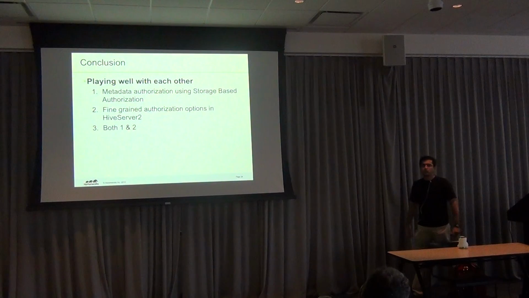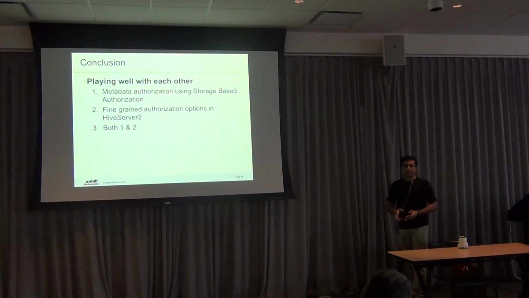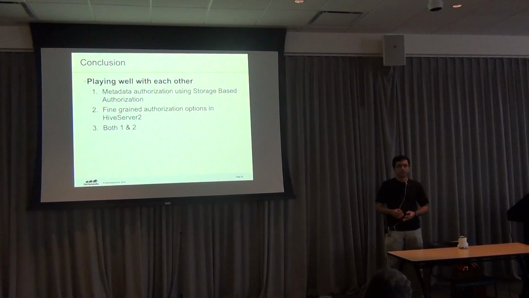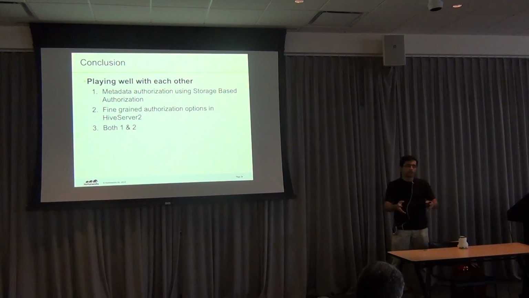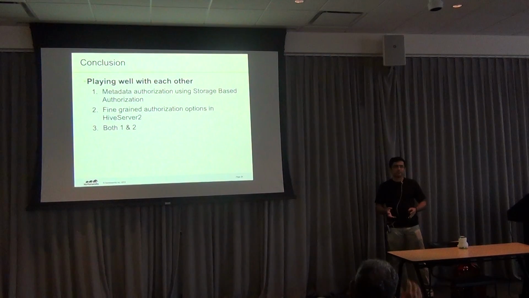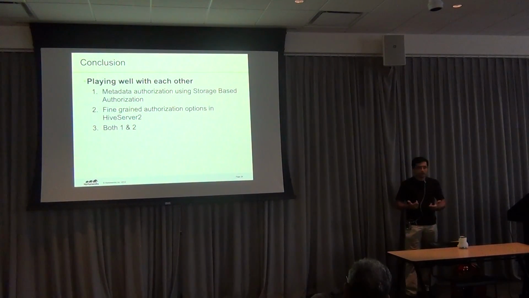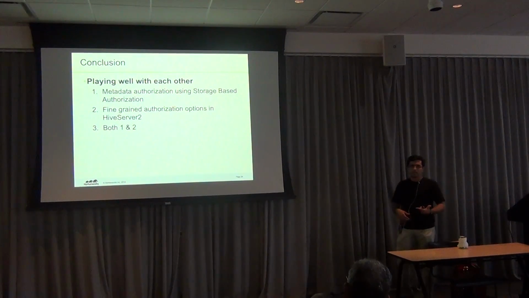So to conclude, we discussed different use cases and different solutions, but often you have multiple use cases in the same organization. So what do you do? Depending on the use case, you can enable both and address both use cases.